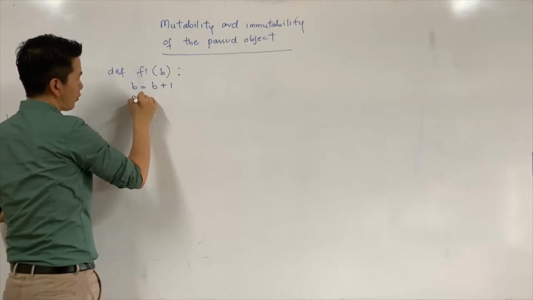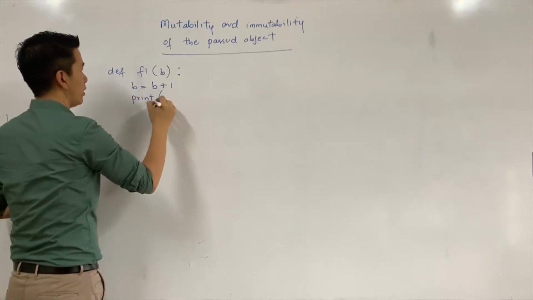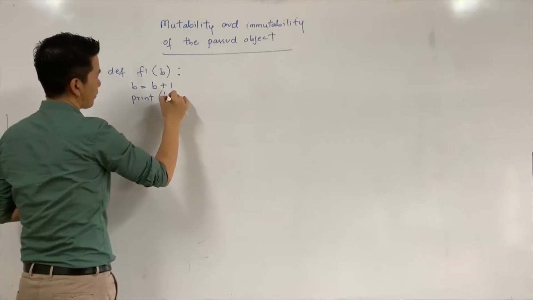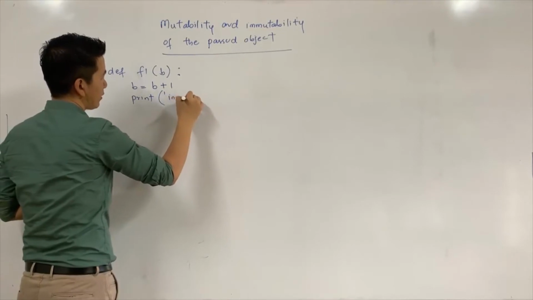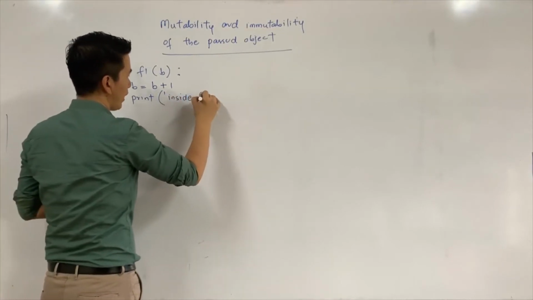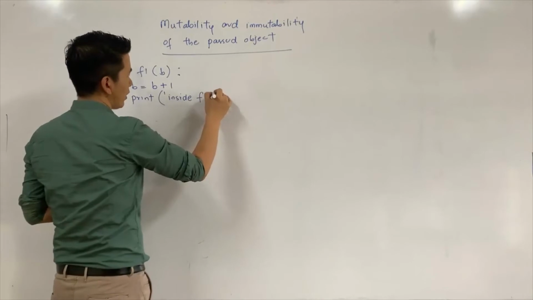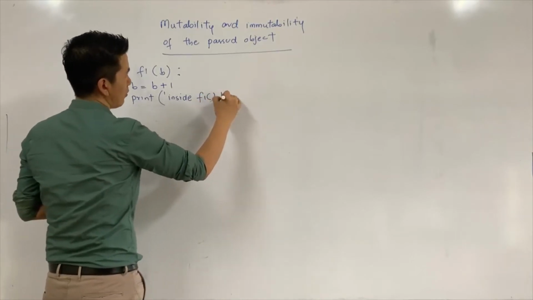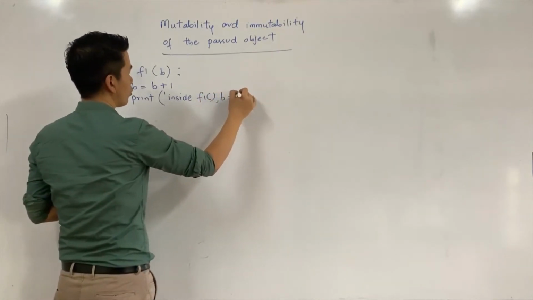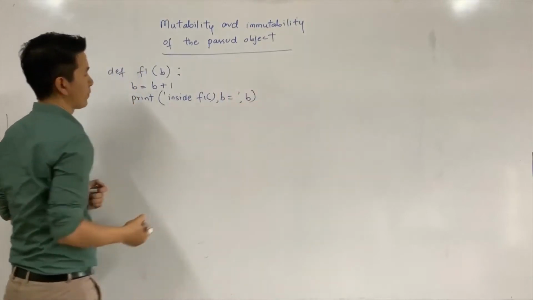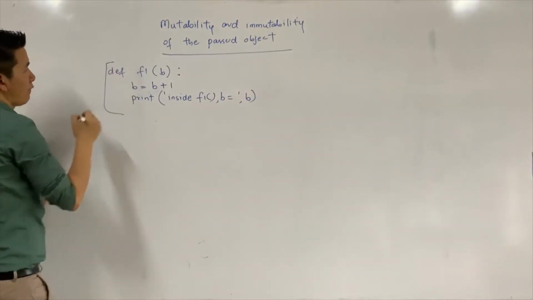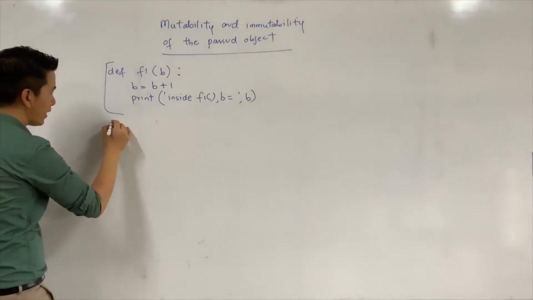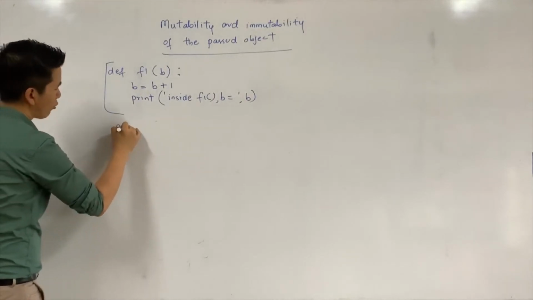And then I just print a message, say inside f1 function, b is equal to b. So this is the function f1.